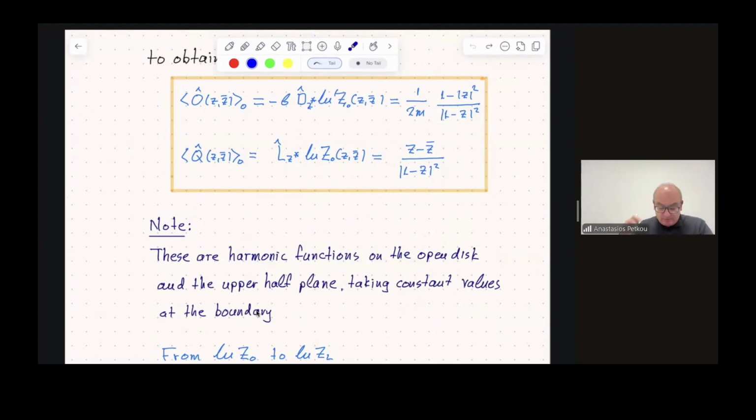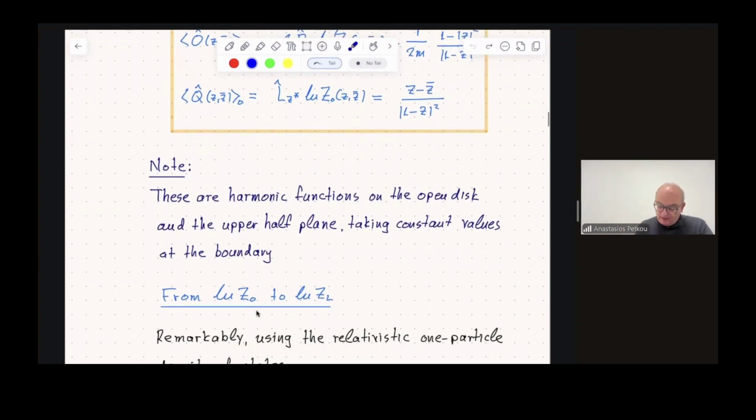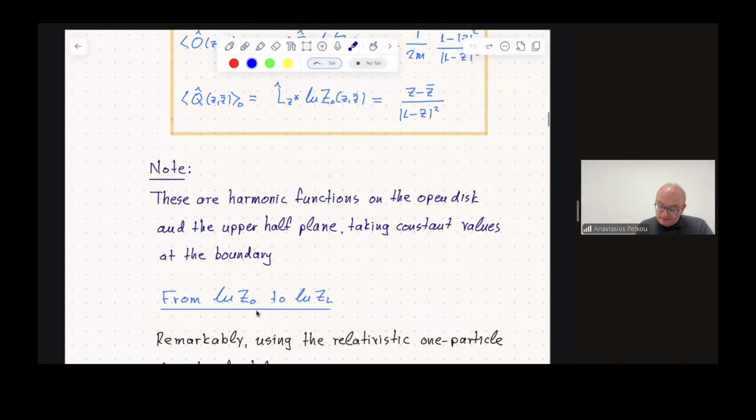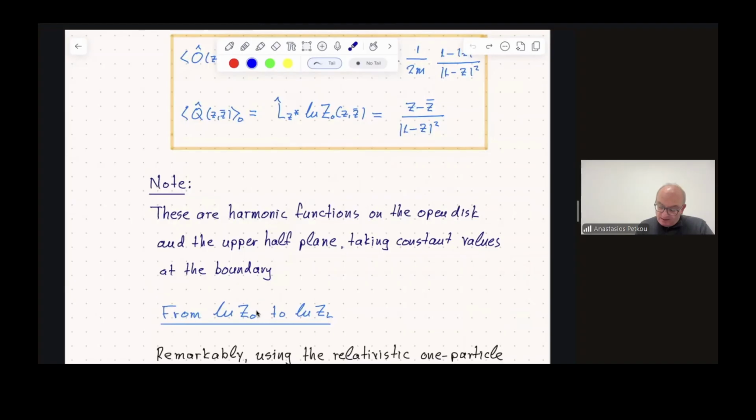Now it's an interesting observation, again trivial but interesting observation for the future, that these guys here are harmonic functions, one of them, the O, in the open disk, the other one in the upper half plane, taking constant values at the boundary.